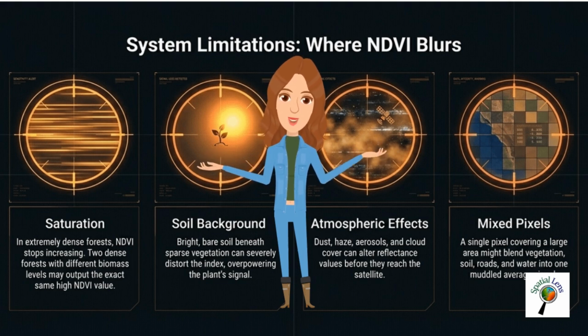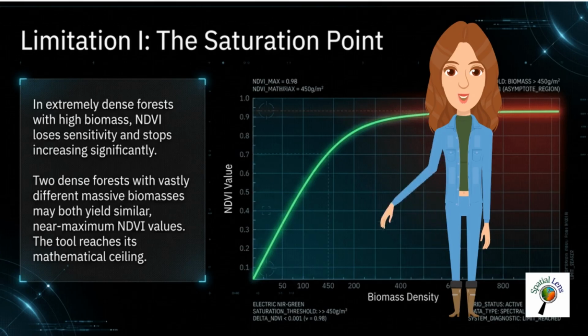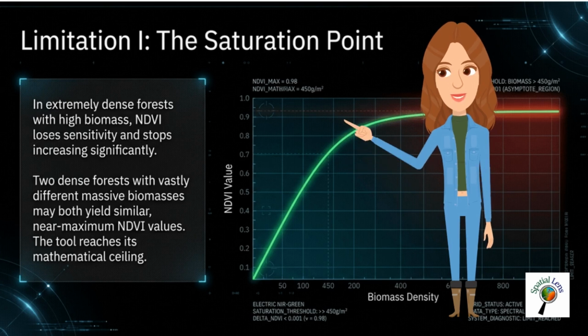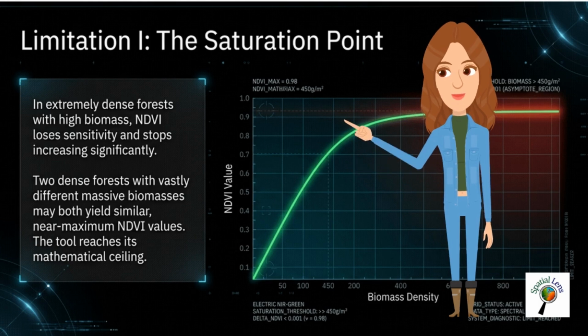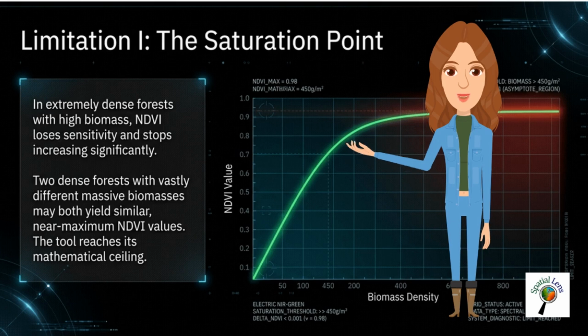Because NDVI is powerful, but not perfect. First limitation: saturation. In very dense forests, NDVI stops increasing significantly. For example, two dense forests with different biomass may show similar high NDVI values. This reduces sensitivity in heavily vegetated areas.